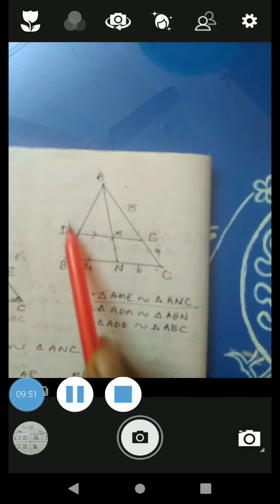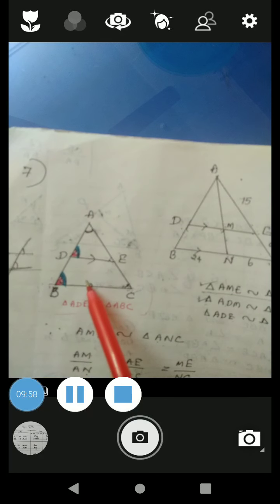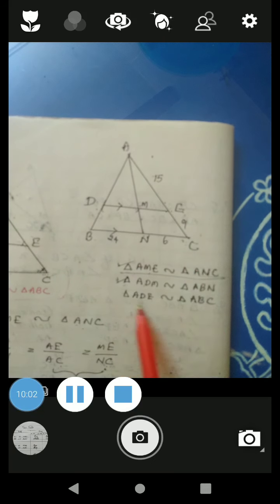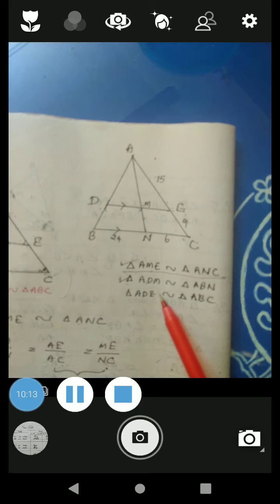Similarly, you can find all possible similar triangles with the help of this figure. You can see the results here. It is the same postulate in each case, the AAA or AA postulate.